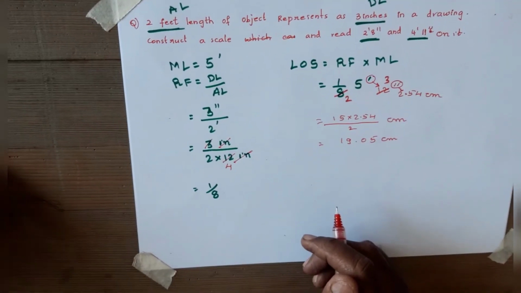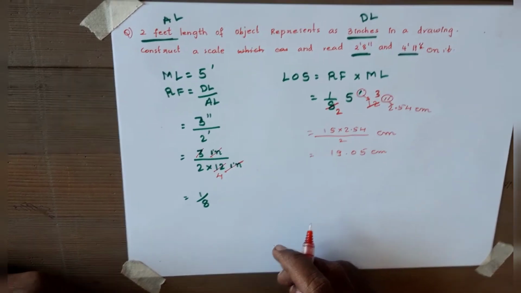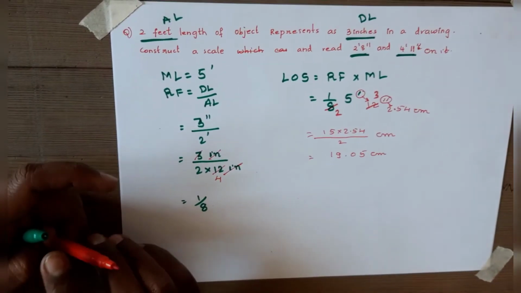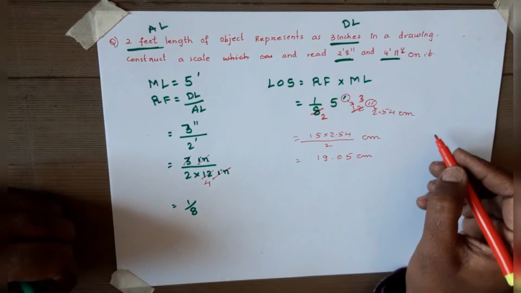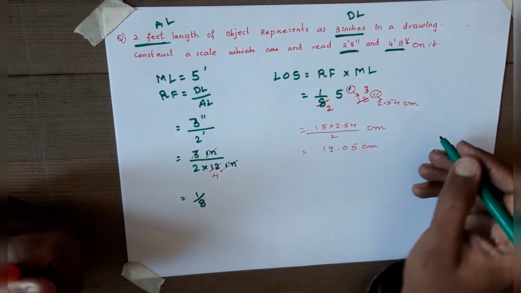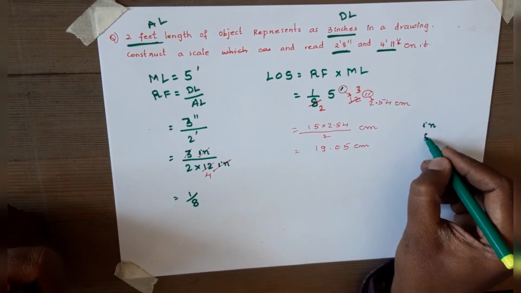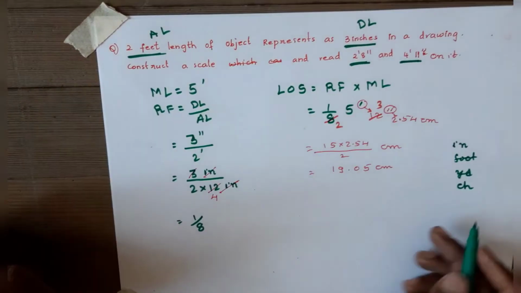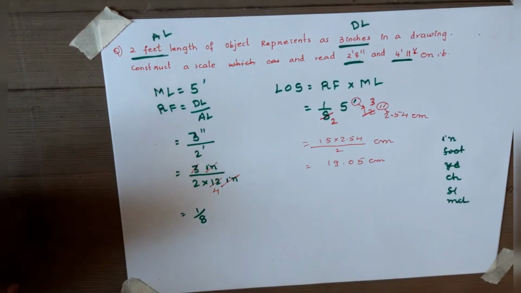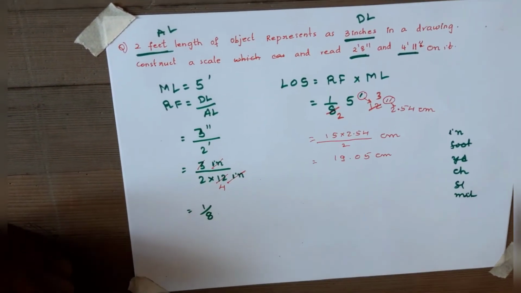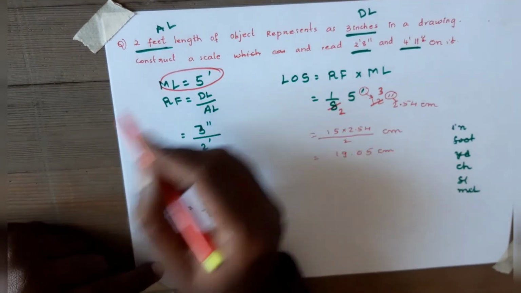Now what we required? N1, N2. Those information we required. So now we have to know what is N1 and N2. We know the FPS system units. What are they? Inch, foot, furlong, mile. So here the maximum length is given as 5 feet.